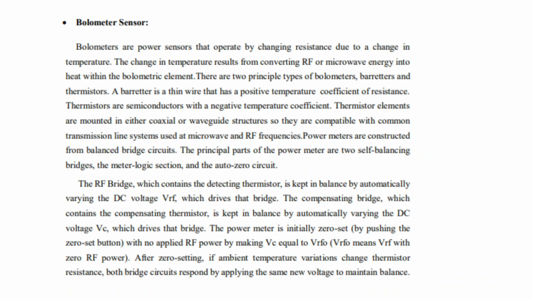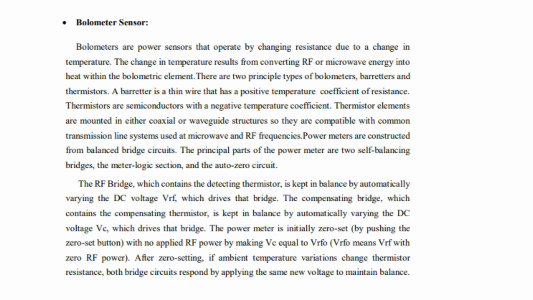A barretter is a thin wire that has a positive temperature coefficient of resistance, and thermistors are semiconductors with a negative temperature coefficient. Thermistor elements are mounted in either coaxial or waveguide structures, so they are compatible with the common transmission line systems used at microwave and RF frequencies.